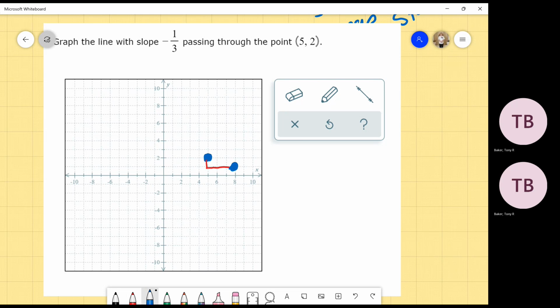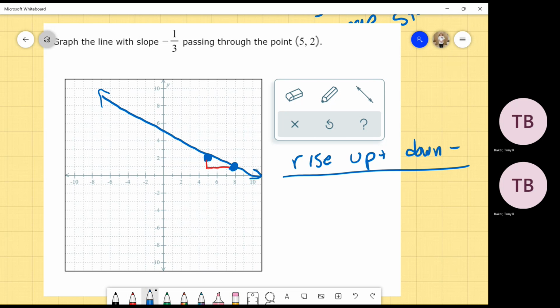So here's why. And I'll actually show you. Let me actually draw them. So the top is my rise, which is up if it's positive and down if it's negative. Okay? The bottom is my run, which is right is positive and left is negative.